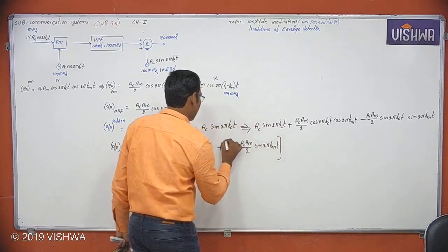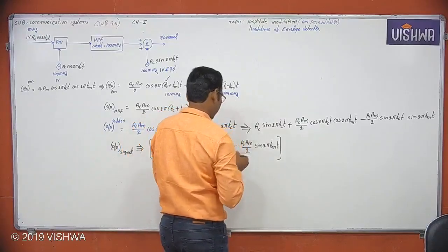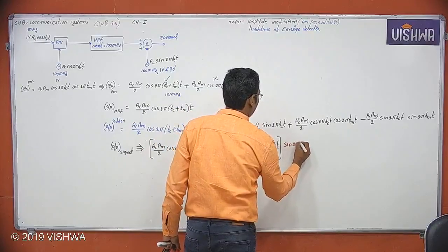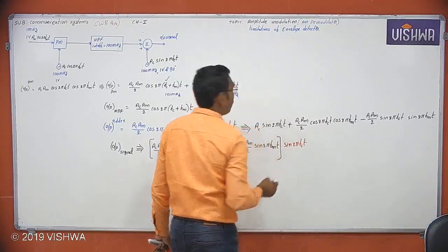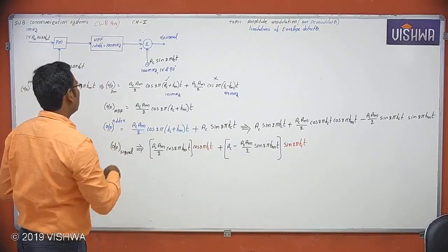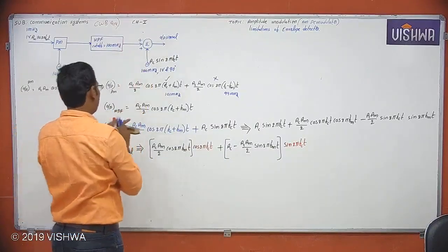Then, taking sin 2 pi Fc t as common, this is the output signal, right? Now, this output signal, what is he asking? He is asking for the envelope of this output signal.